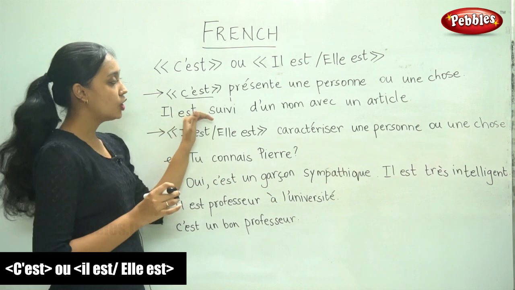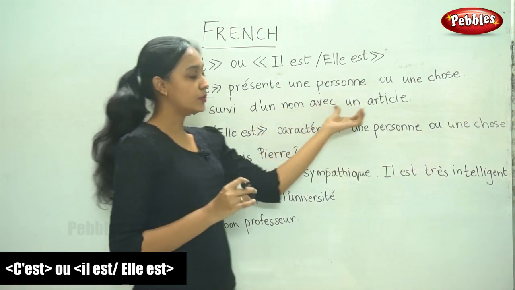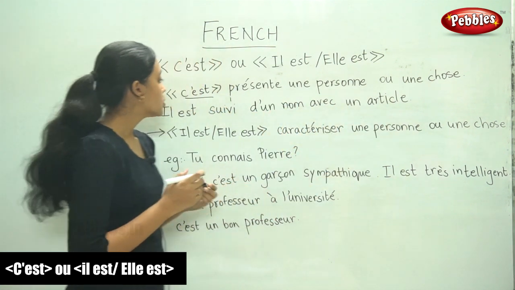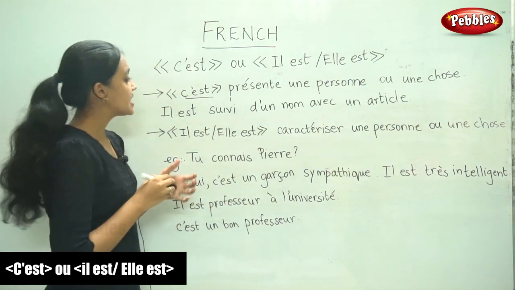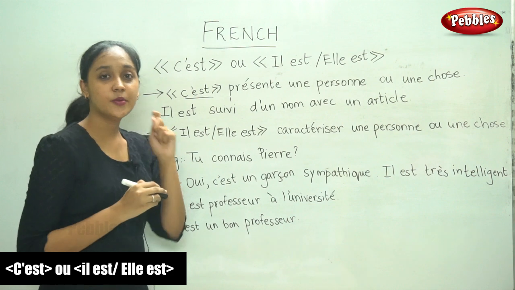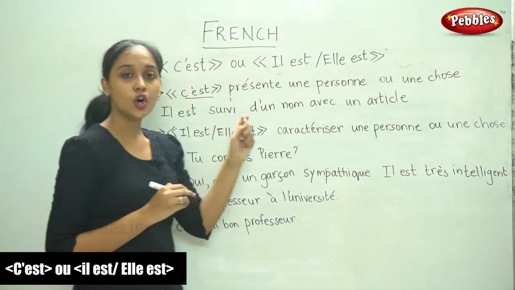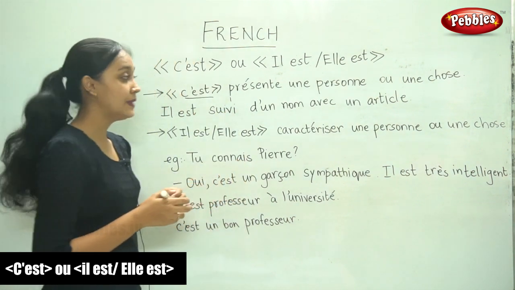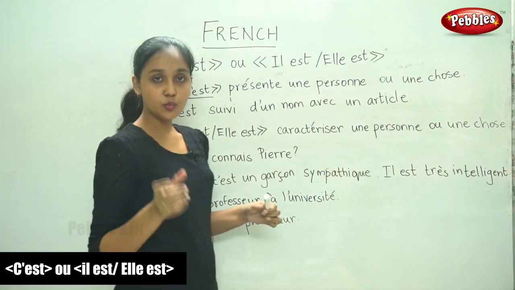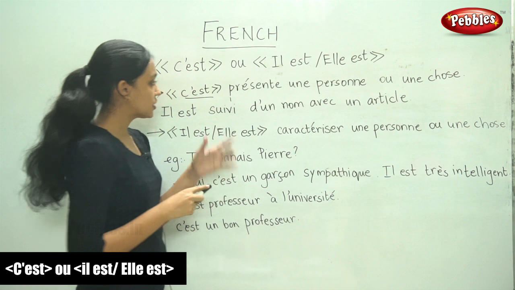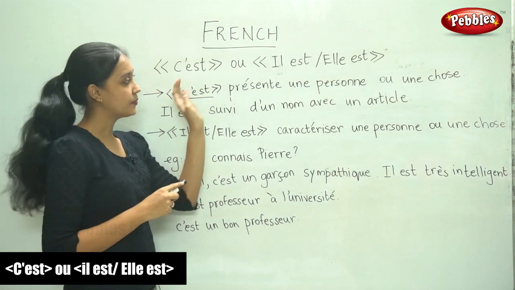So it is followed by a noun with an article. So this is the tip for you. C'est is used to present a person or a thing or a place. It is followed by a noun with an article. So that is when we use c'est.